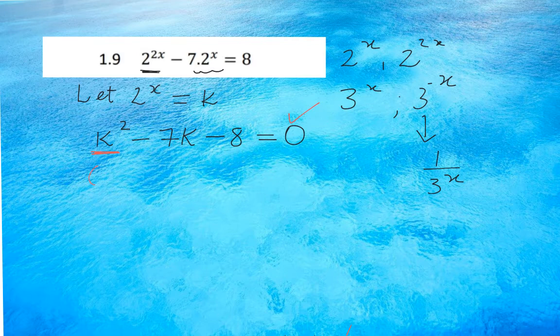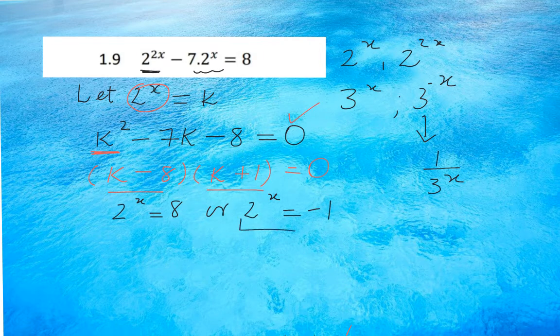I can factorize. I get, in this example, k minus 8, k plus 1 equal to 0, and then k is 8, or k is minus 1. But k was 2 to the x, so I can go back and say 2 to the x is equal to 8, or 2 to the x is equal to minus 1.